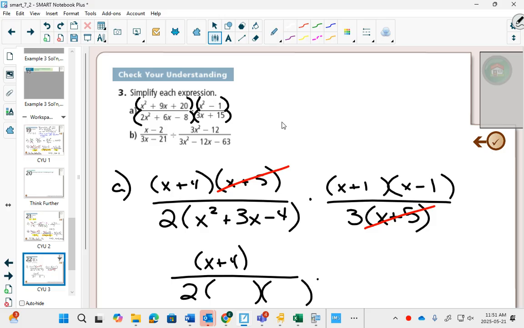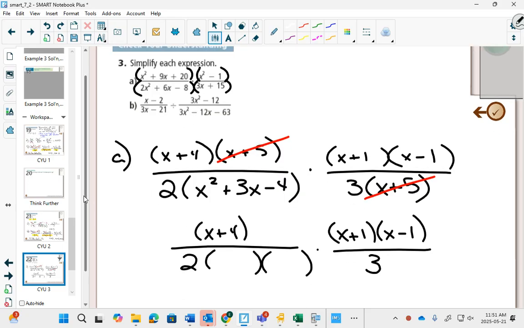I'll let you fill those in. And over here, I still have an x plus 1, x minus 1, and I still have just the 3 on the bottom because the x plus 5 canceled out. And a quick check, did you get x plus 4, x minus 1?